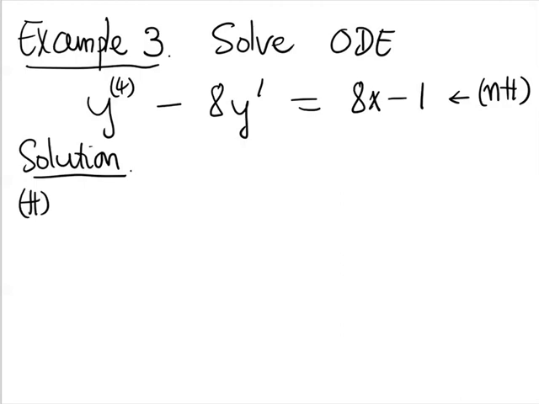The corresponding homogeneous equation is the fourth derivative of y minus 8y prime equals 0.